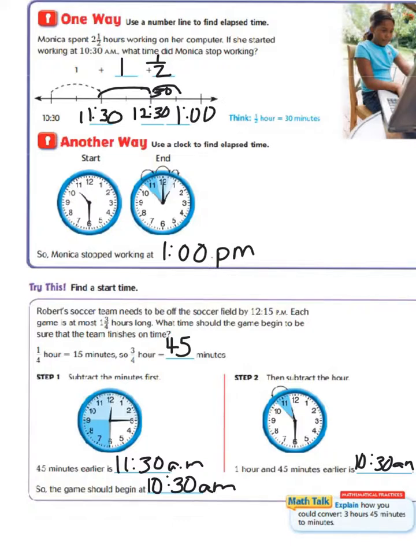This is where some of you may get caught up, because if you notice, they need to be off the soccer field at 12:15 p.m. So since we crossed that noon hour at 12 o'clock when we go back to find our start time, we have to go from p.m. to a.m. So be very cognizant of that.